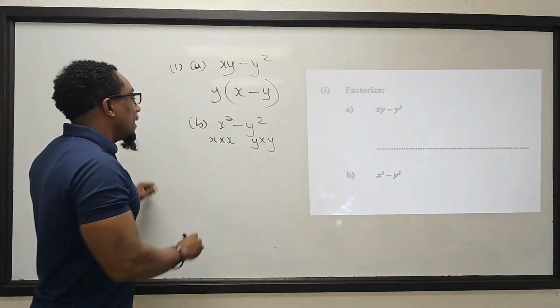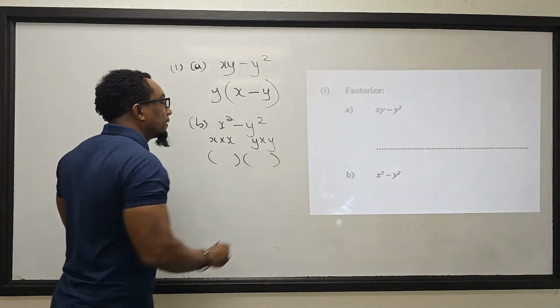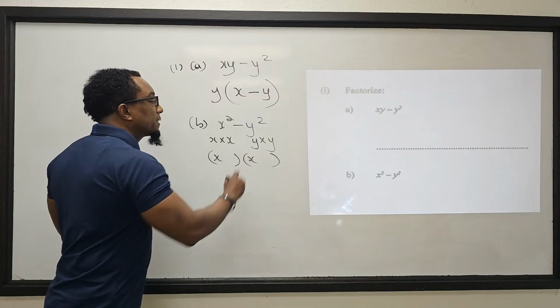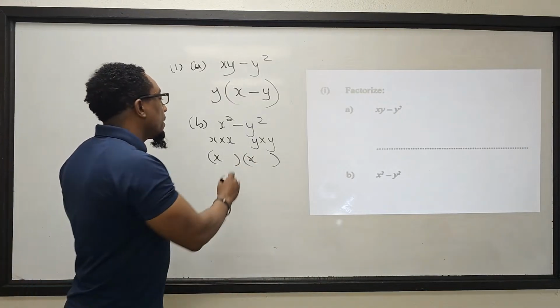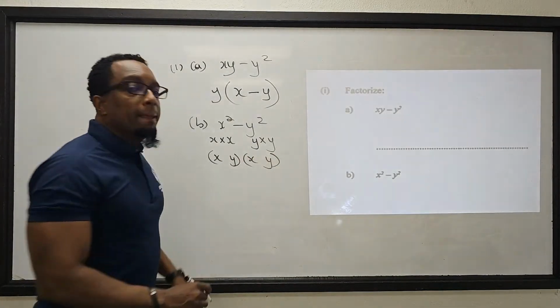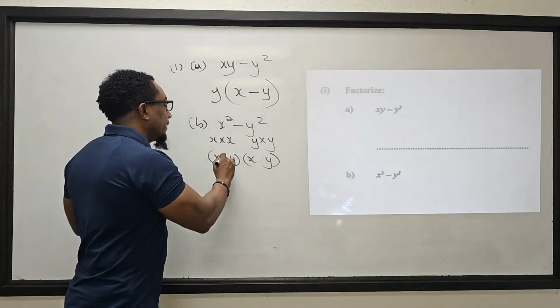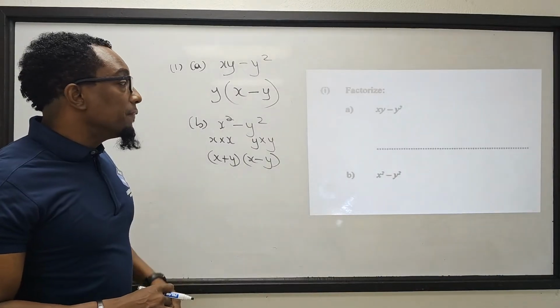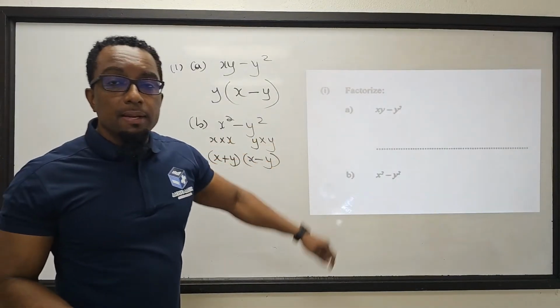And therefore, I will have my two sets of brackets. Because x squared leads, the factors of x squared will be written first, and the factors of y squared will be written after. And you separate with a positive sign, negative, or if you want to do the reverse, negative, positive, and you factorize your expression in B.